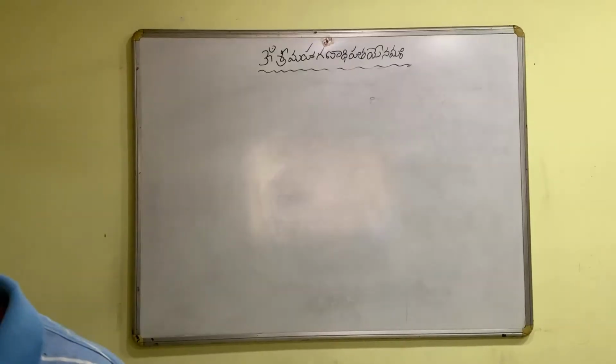Next, find the points on x-axis, each of which is at a distance of 10 units from the point A, 11, minus 8.